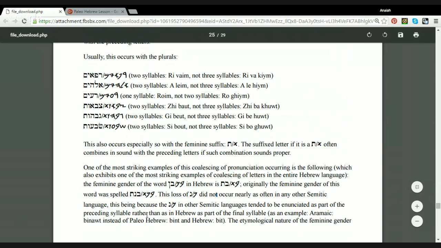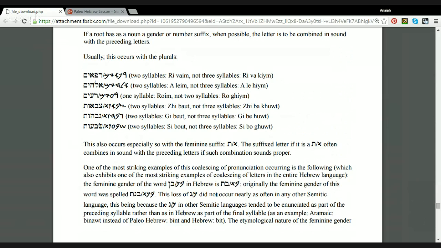Because there's actually evidence based on other Semitic languages, Aramaic and Arabic, for example. It does not say bit in those languages. They say BNT. There's an N because it's a BN. Son is BN and daughter originally in the original Hebrew was BNT.